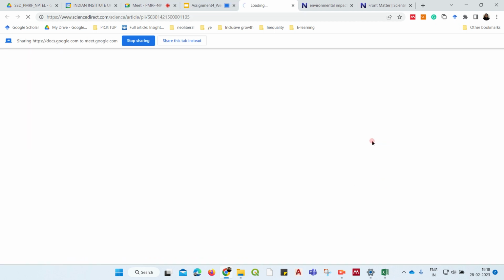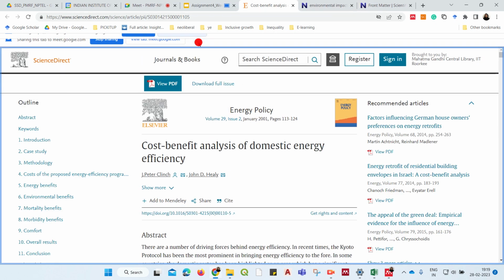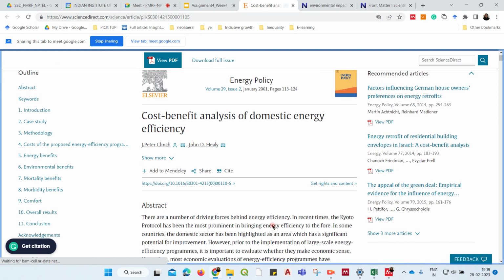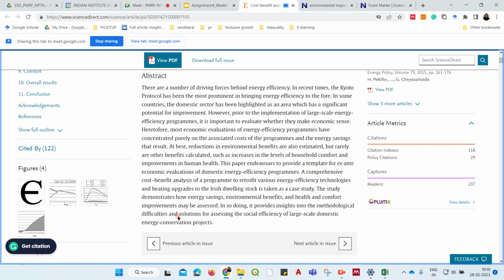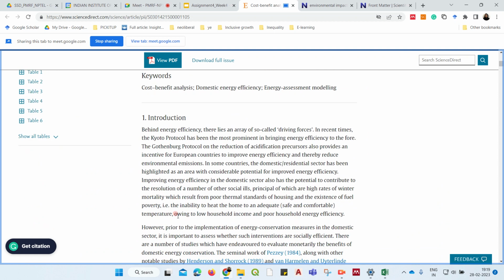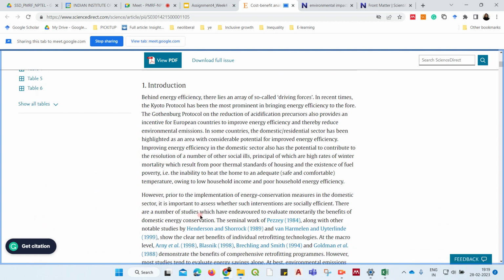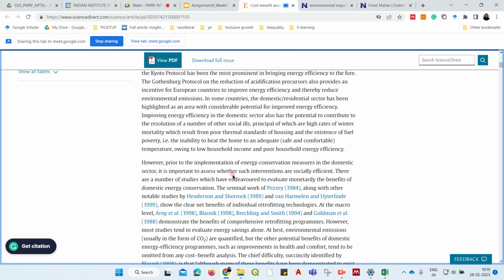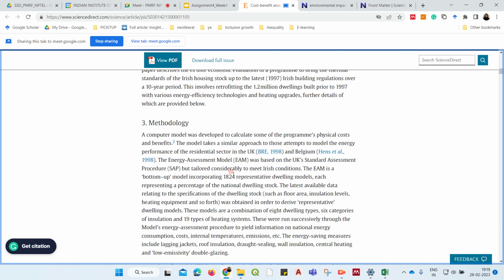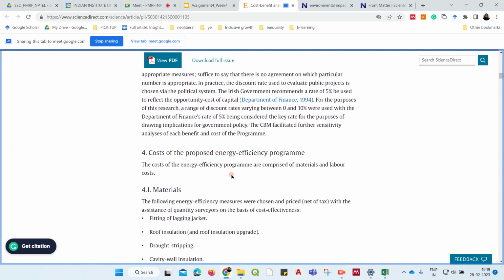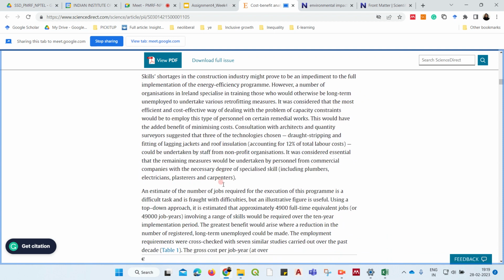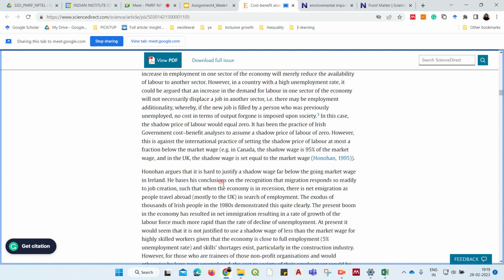I have provided the link as well. You can click on it and go to the link and see how they have argued and calculated the cost and benefit analysis of changing over to more energy efficient methods, and whether there is really energy use reduction or even cost reduction when you switch to energy efficient fixtures in domestic use.